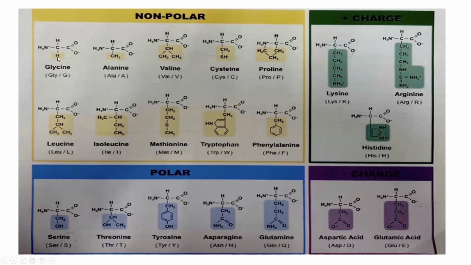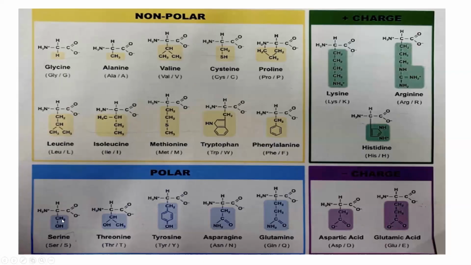It is only the R group, this box, this shaded group here in orange, here in blue, here in purple, here in green, that differs. That's the R group. This R group is very important because it is the group that gives the identity to the amino acid. If my amino acid is nonpolar, it is because the R group is nonpolar.